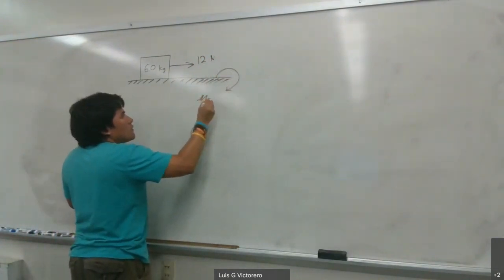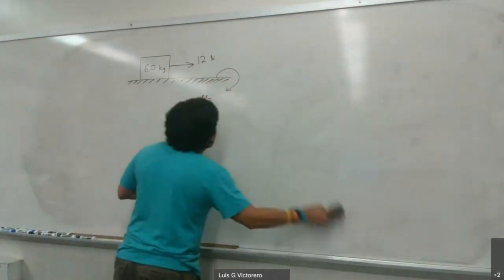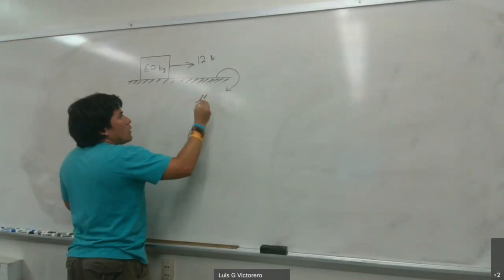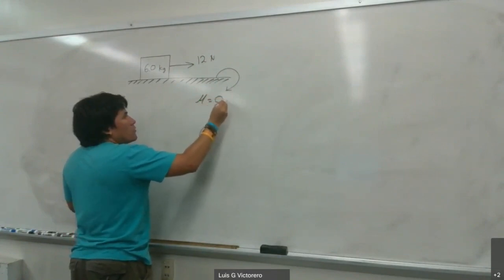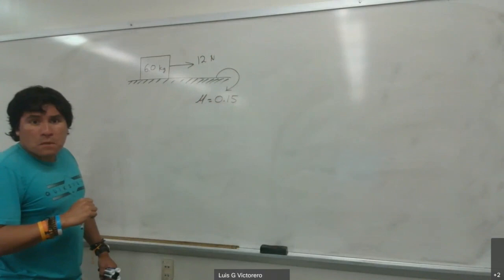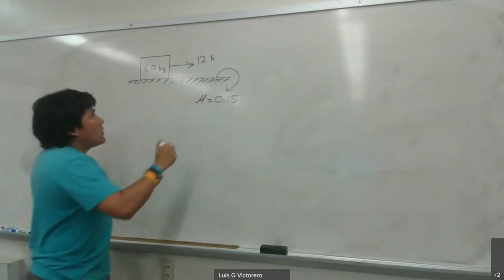Mu is 0.15. Find the speed after moving 3 meters.